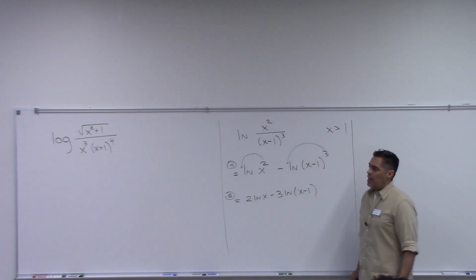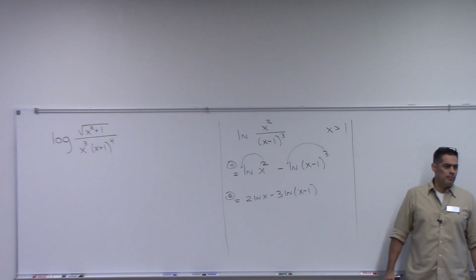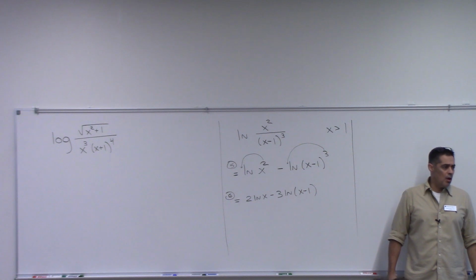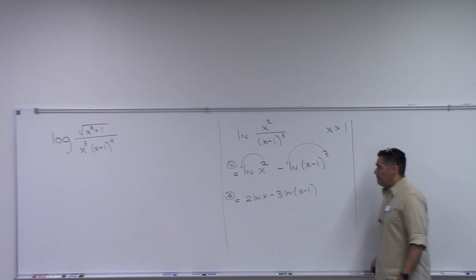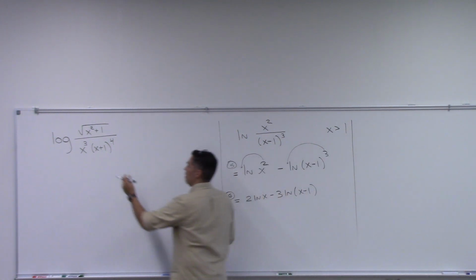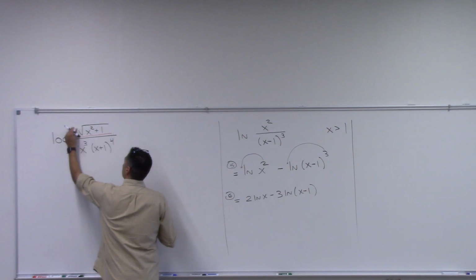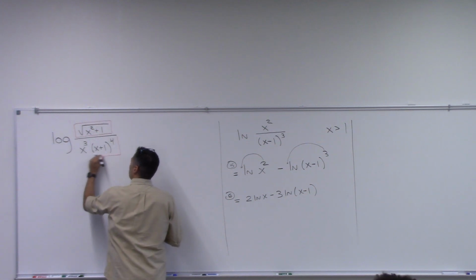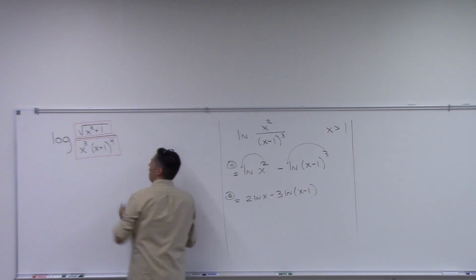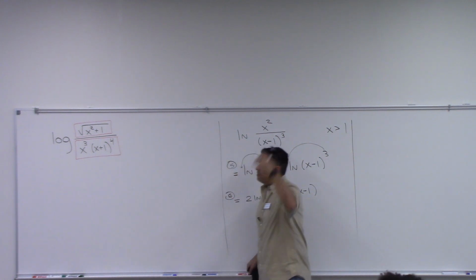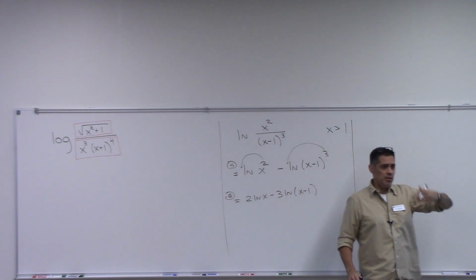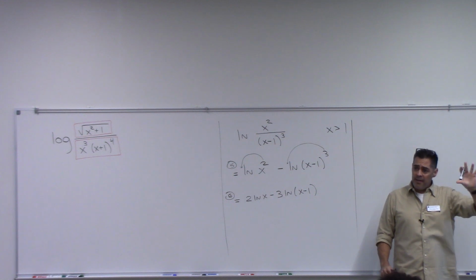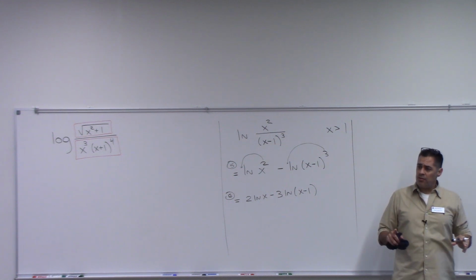All right, what I'd like to do is see if I can pull that apart into a bunch of logs. The first thing you have to see is that you have division, right? You have log of something over something. So I'm going to use property 5 and create 2 logs with subtraction.